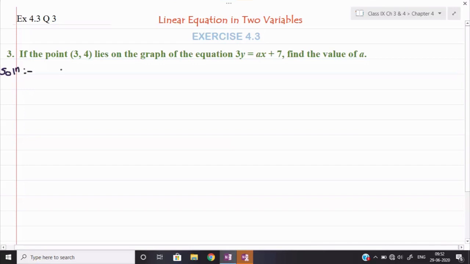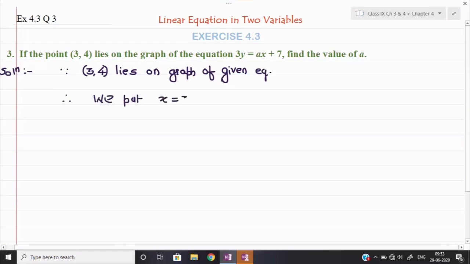In the solution we will write: since (3, 4) lies on the graph of the given equation, therefore we shall put the value of x equal to 3 and y equal to 4 in the given equation. Now let us put the values in the given equation.